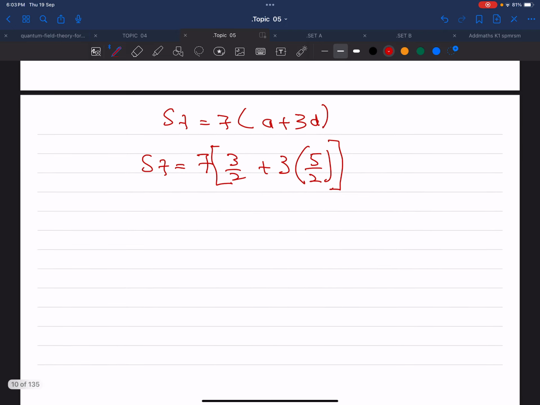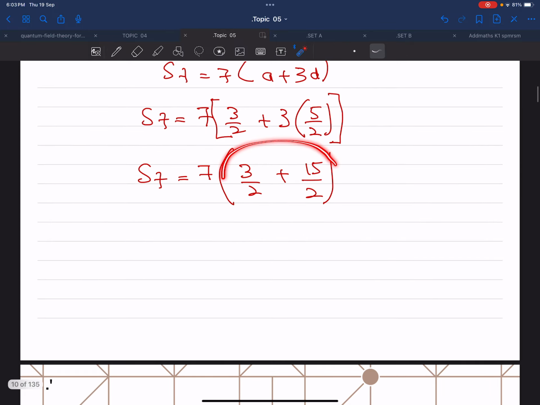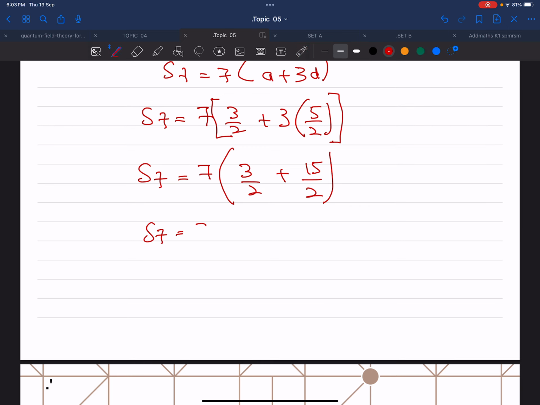Now, we do what is inside the brackets, times 7. This is 3 over 2 plus 3 times 5 is 15, that is 15 over 2. So inside the brackets, that would give us 15 plus 3, 18 over 2.